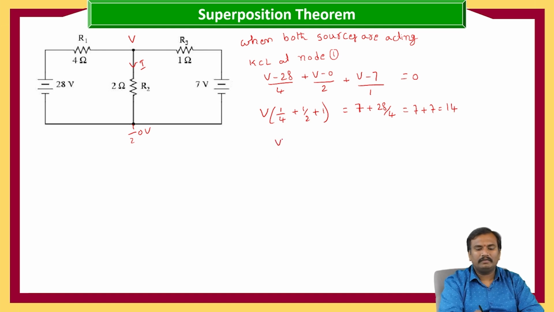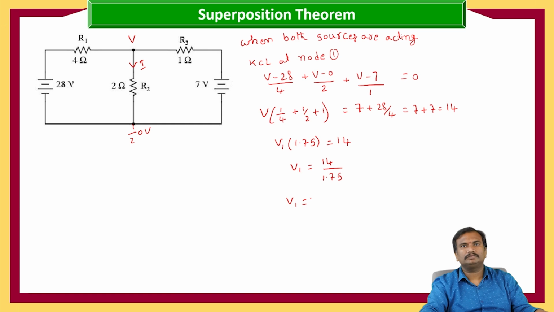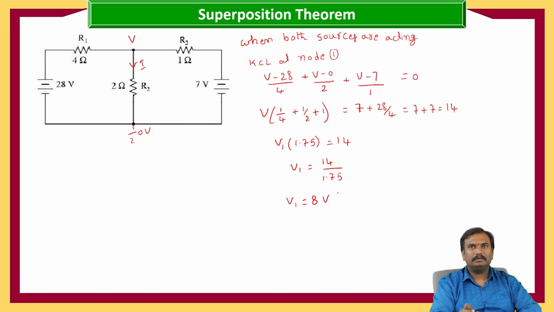So here V1 into 1.75 is equal to 14, where V1 is equal to 14 by 1.75. So the V1 value is 8 volts. Now we got the V1 value as 8 volts.